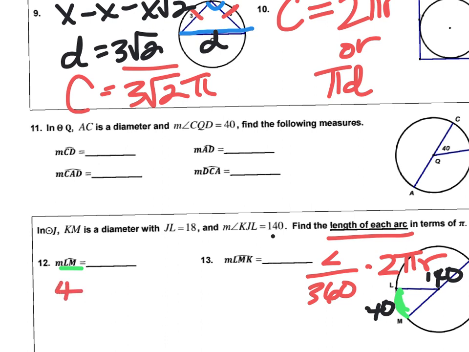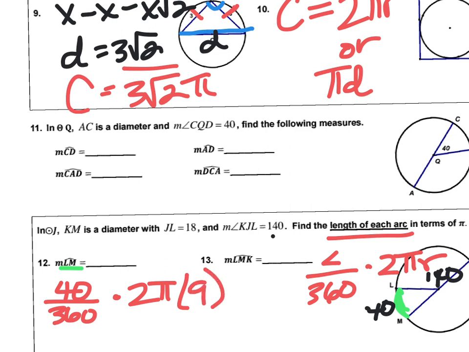I'm taking that angle out of the 360, then multiplying it by 2 times pi times the radius. The radius on this problem was 9, so I'm going to plug in that 9.